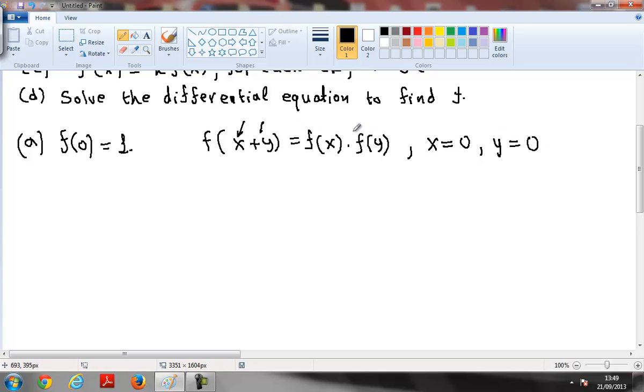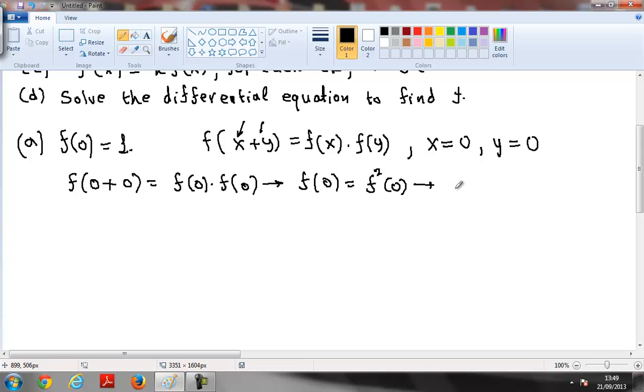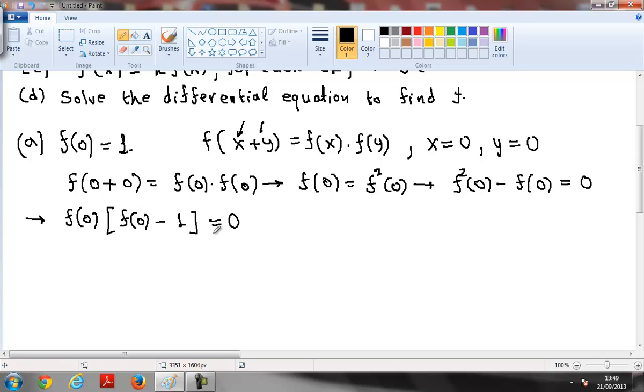Substituting here and here, we have that f of 0 plus 0 equals f of 0 times f of 0. From here, f of 0 equals f squared of 0, so f squared of 0 minus f of 0 equals 0. So f of 0, I have a common factor here, times f of 0 minus 1 equals 0.